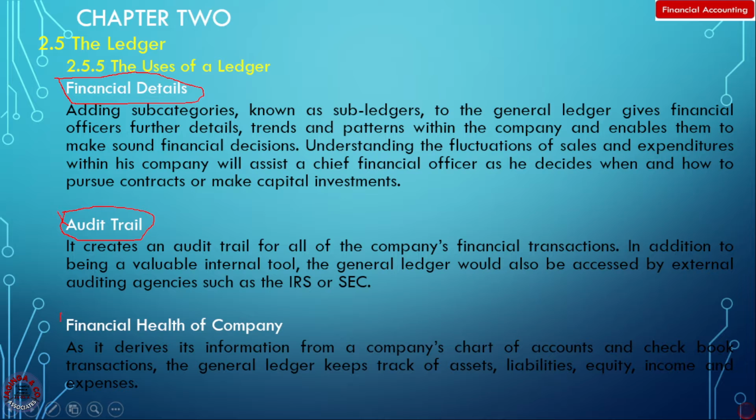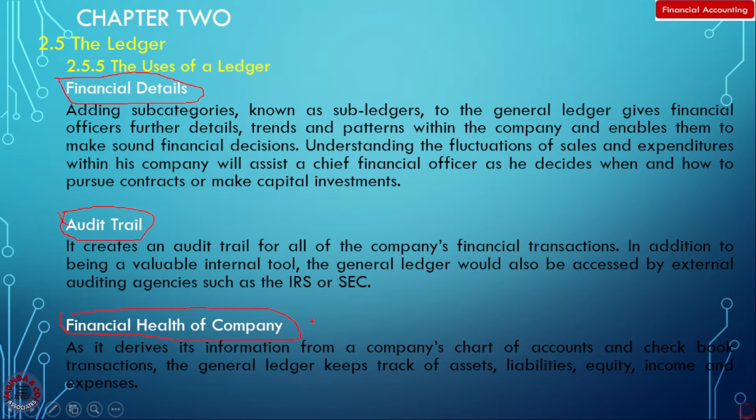And then also we are saying that it shows the financial health of the company. So from the chart of accounts, you can know the assets, the liabilities, the equity, the sales. Then from the sales, expenses and revenue, you can know the financial health of the company by seeing the revenue, the liabilities and the assets that you have.